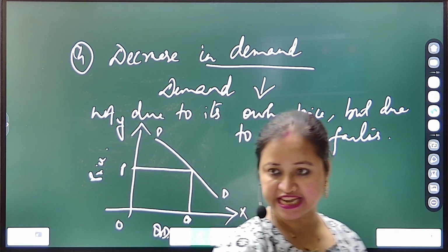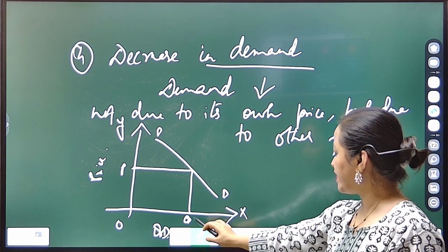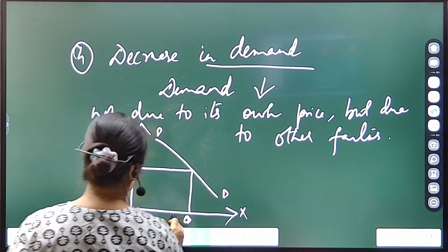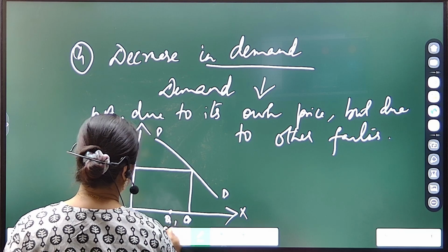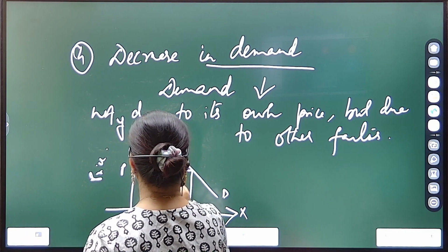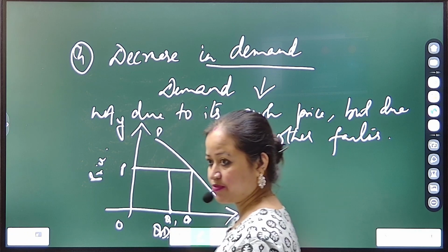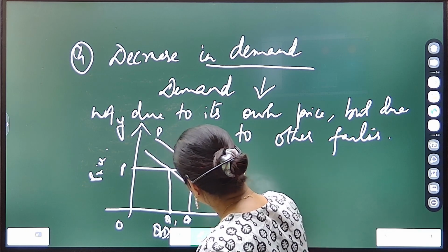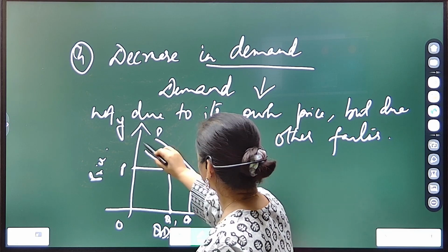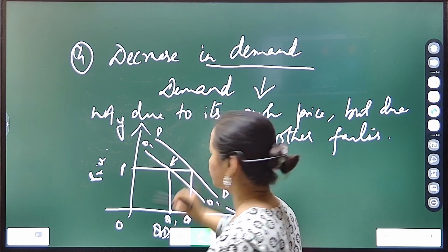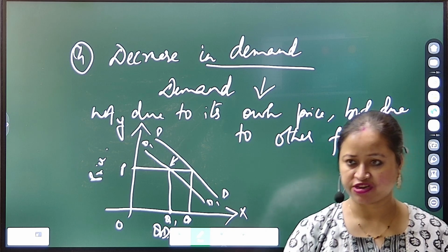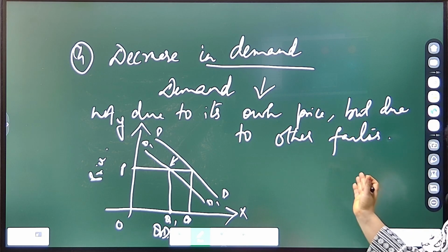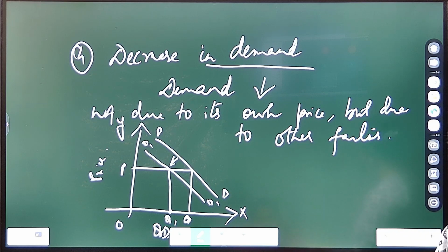So price is constant, but when demand decreases it will go this side. So suppose here demand has decreased to this one, Q1. So it will be here. Understood? So the demand curve will be this one, D1, D1. So the demand curve is shifting towards the left. Okay, so in decrease in demand, the demand curve shifts towards the left. So that's all. Understood?